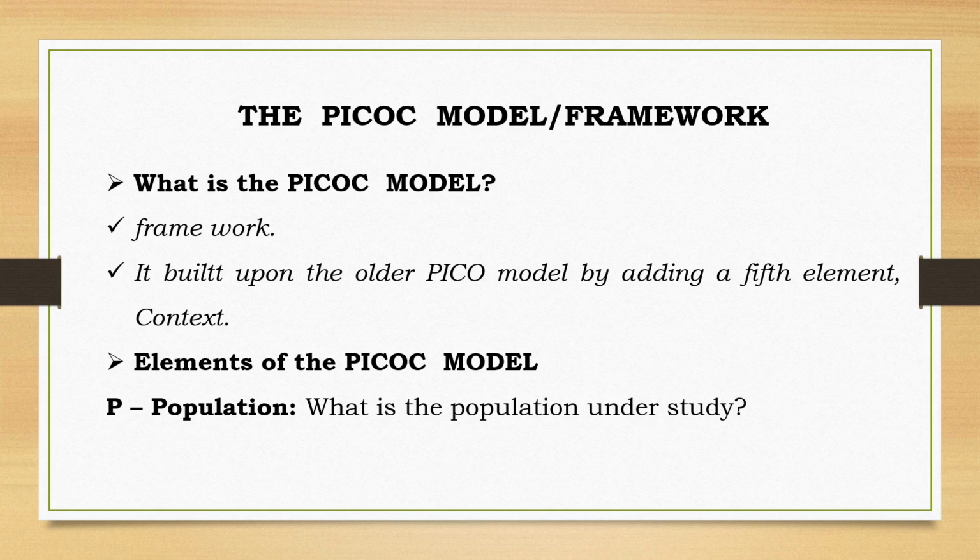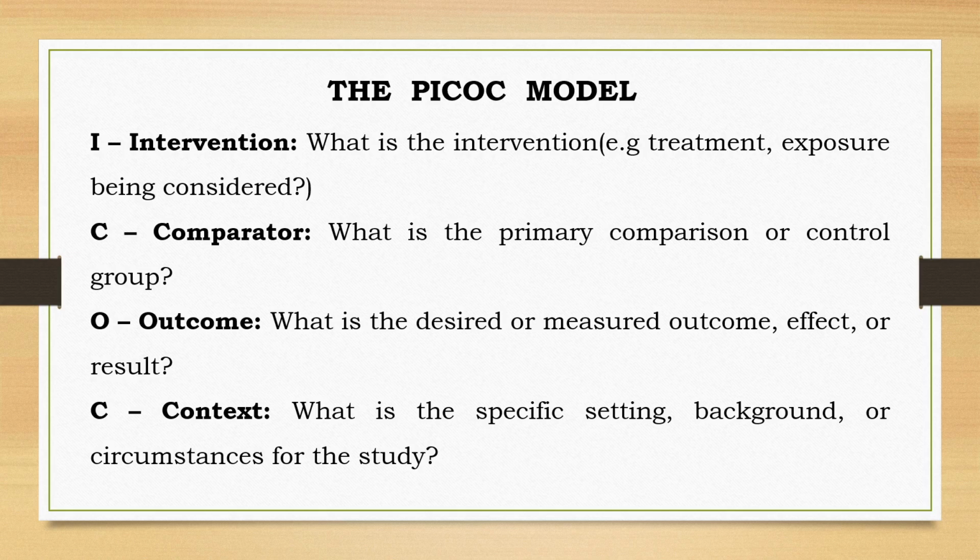The PICOC model is made up of the following elements. In the model, the P stands for the population, which is about the population under the study, and the I stands for intervention. What is the intervention the study will be using? This could be treatment, exposure, and etc. The C stands for comparator.